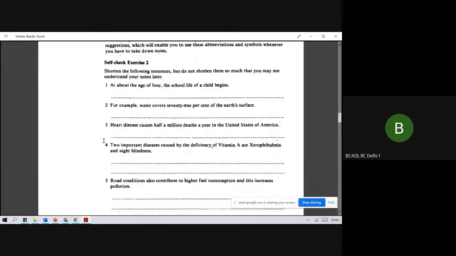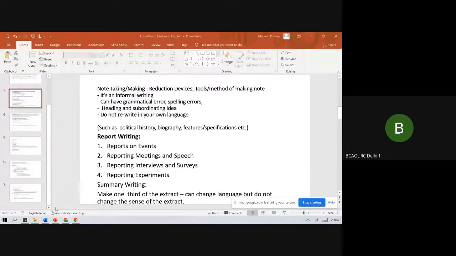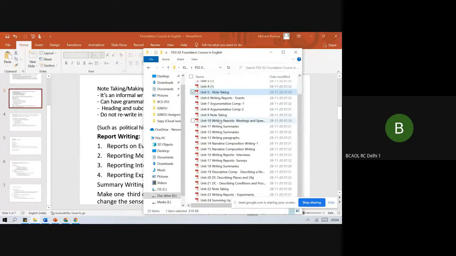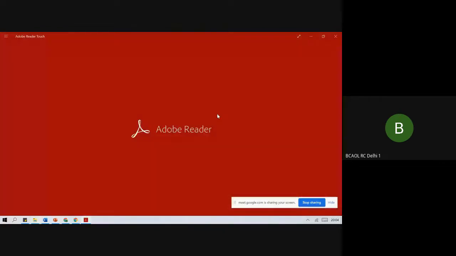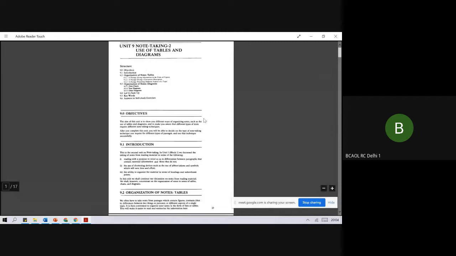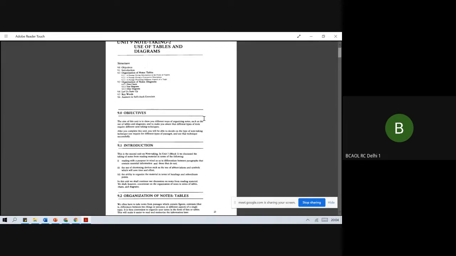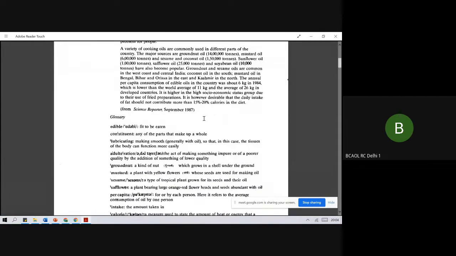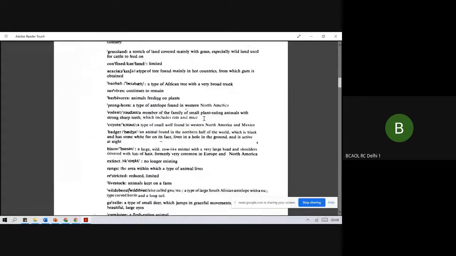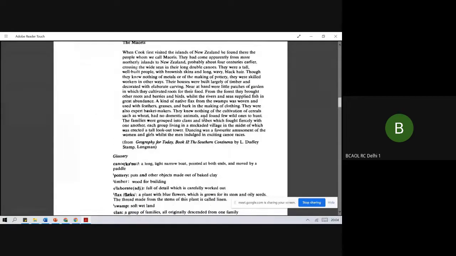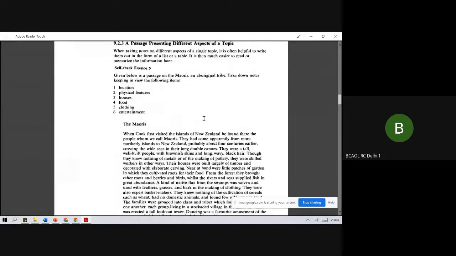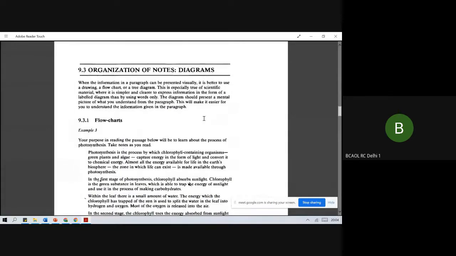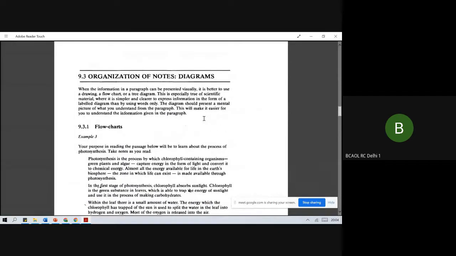So this is one of the tools of taking note. And one thing, and a format.